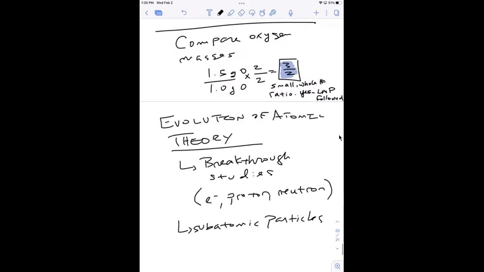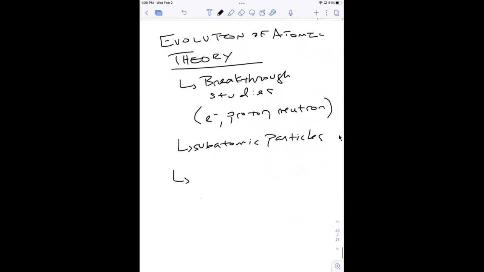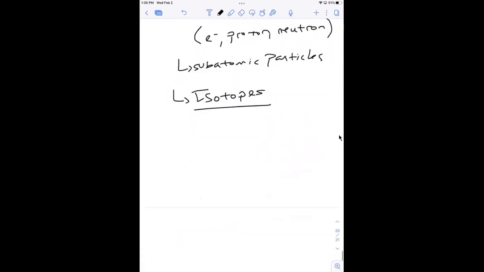Those two are really combined. And then we're going to talk about isotopes, because the study of isotopes led to the discovery of neutrons. So now let's talk about some of these breakthrough studies. And I want to start out talking about the discovery of the electron.